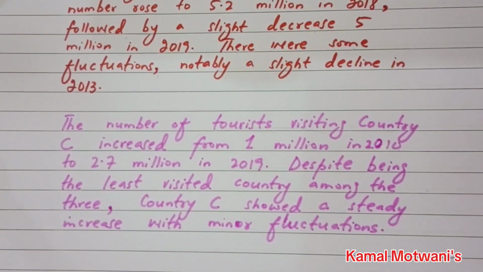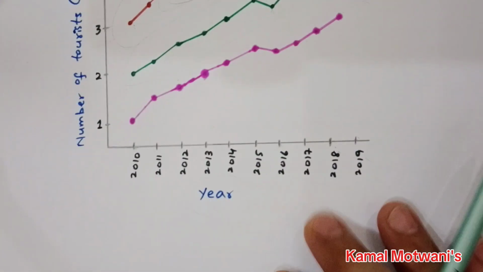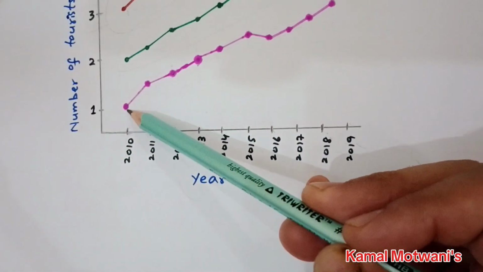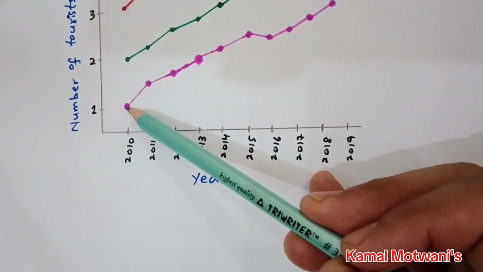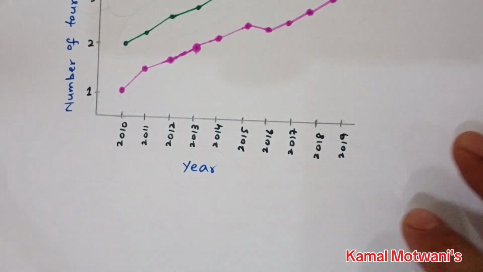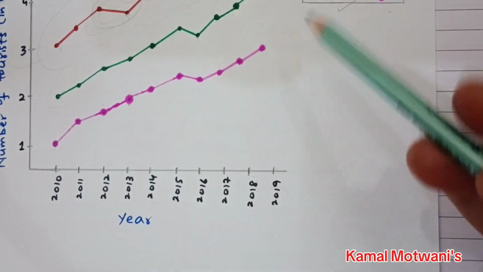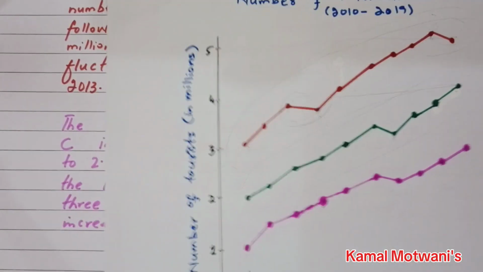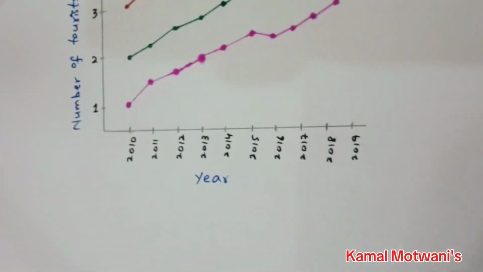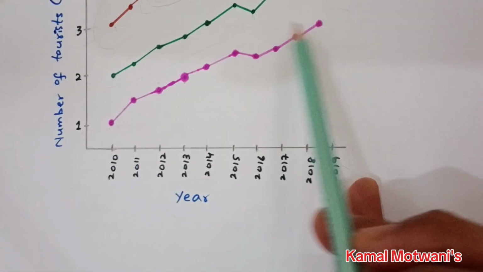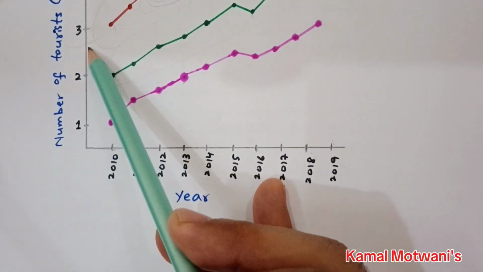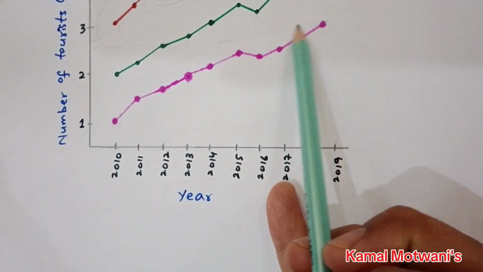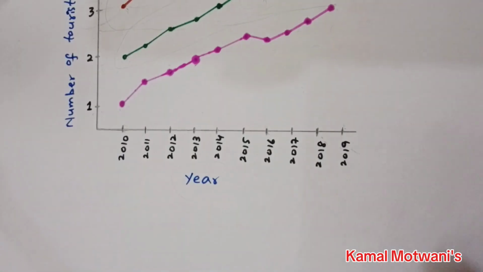Country C, in 2010, it witnessed only 1 million. But what was its peak? In 2019, it witnessed 2.7 million. That was its peak.